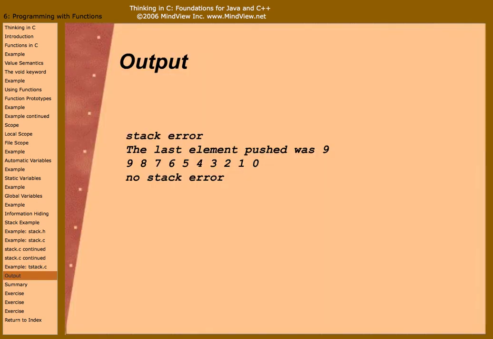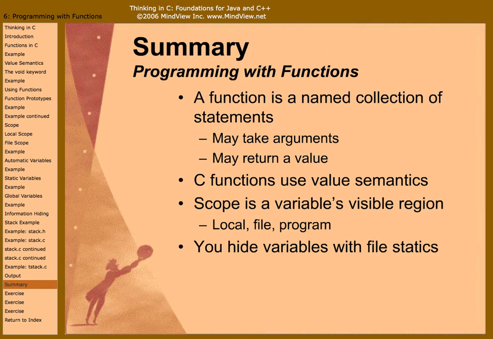Here's the output from the test program on the previous slide, which has the output that you would expect. So to summarize, a function is just a bunch of statements collected together, and it has a name. And that allows you to execute those statements just by using that name whenever you wish. Functions can take arguments, and they can also return values.